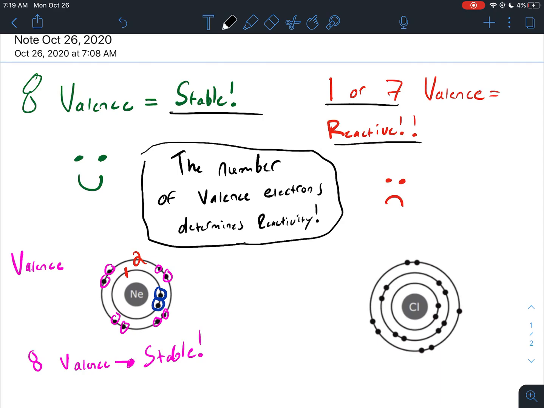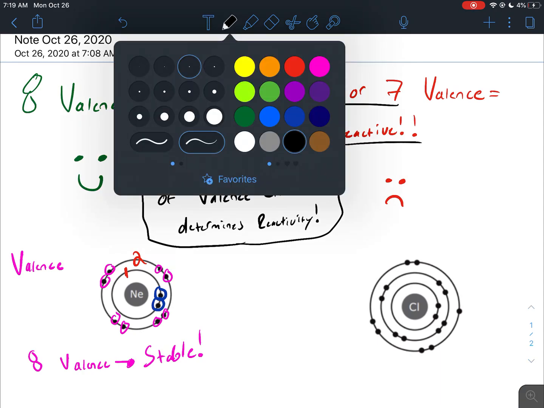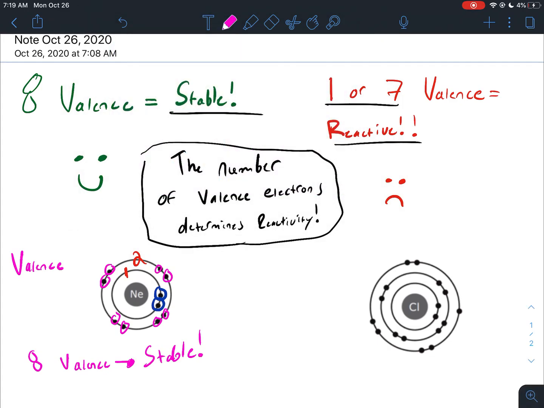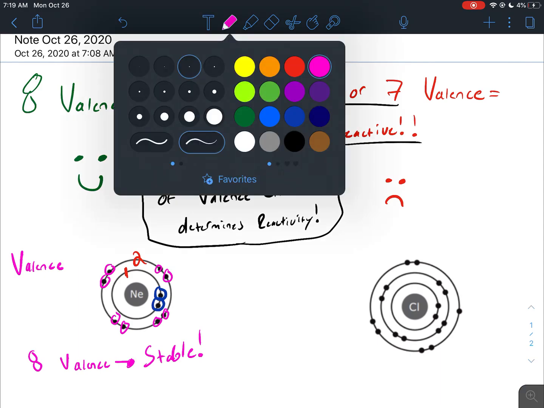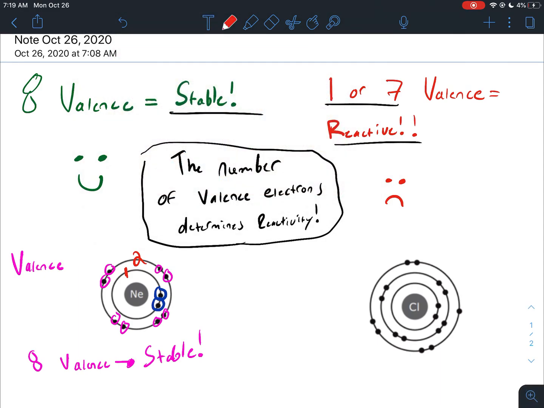So let's do the exact same thing in the lower right. You're going to notice that we have one more example here about chlorine. Your guided notes are asking you how many valence electrons are in the chlorine model and what does that mean for reactivity. First, I'm going to use red to label how many shells we have. Right here in chlorine we have the first ring, a second ring, and a third ring. The only electrons I care about are the ones in the outer shell.